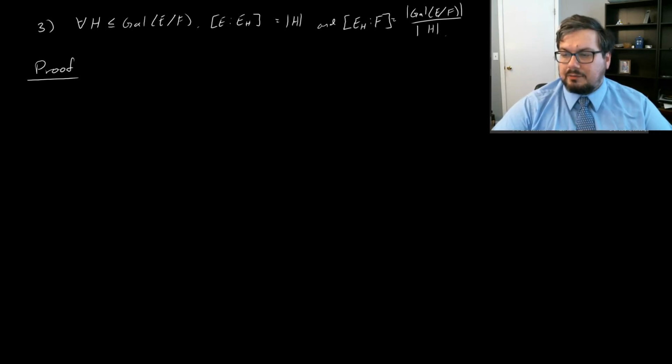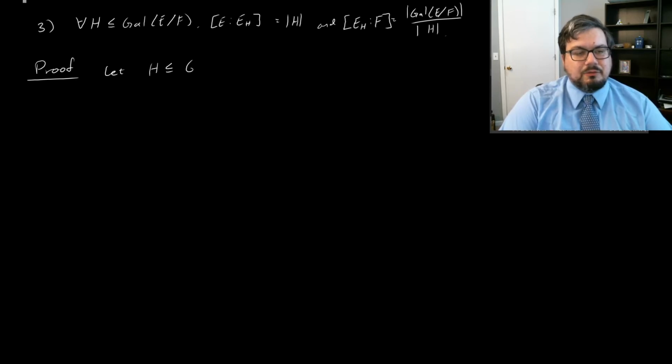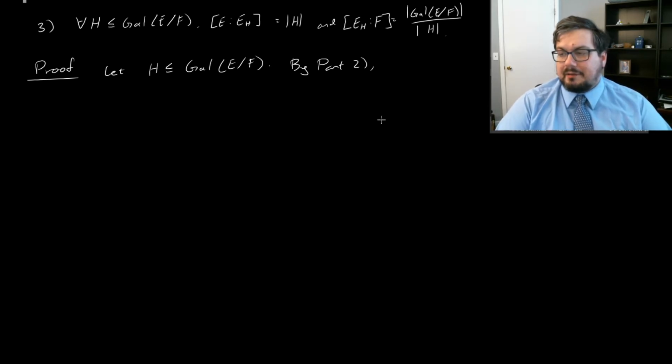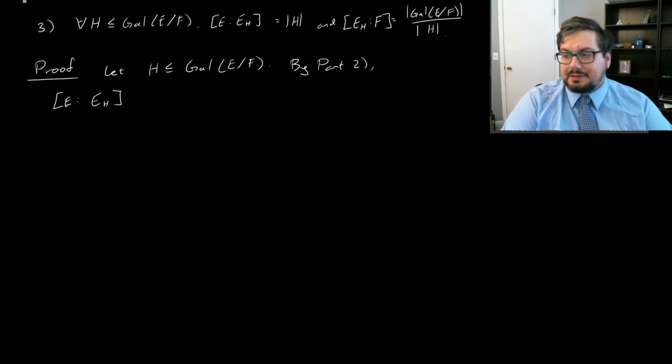So for the proof of part 3 here, we can let H be a subgroup of the Galois group of E over F. Now by part 2, we have that the index of E over EH is equal to the order of the Galois group of E over EH.